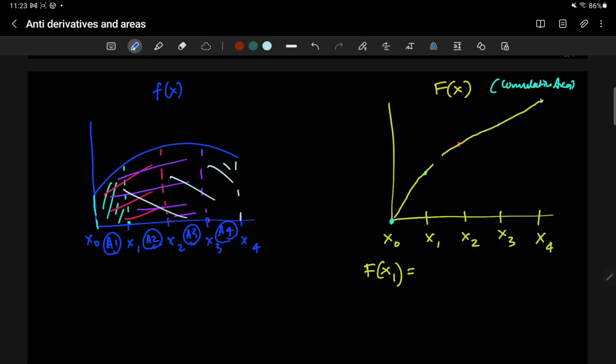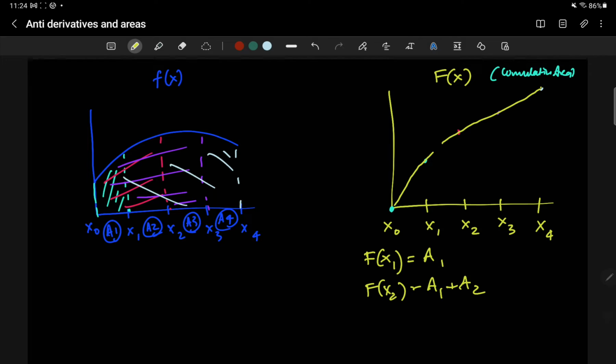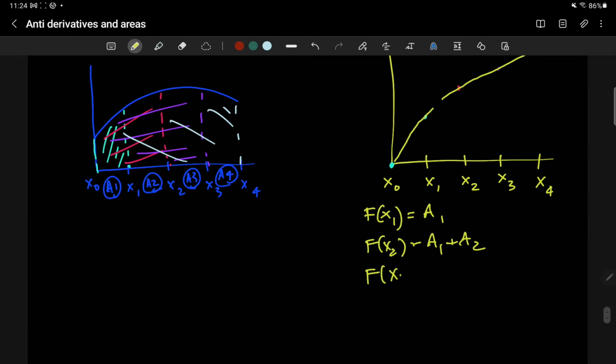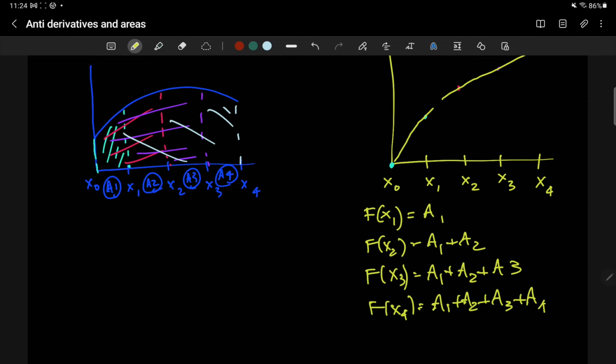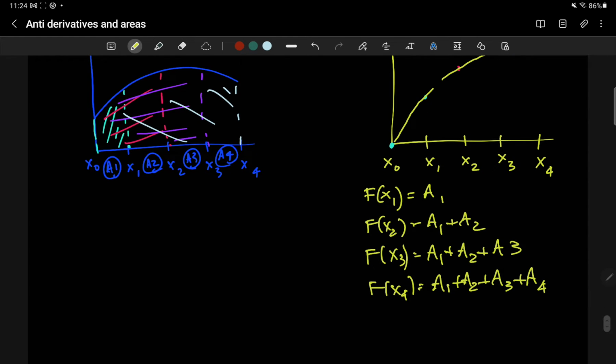Then capital F of x1 really represents the area A1. F of x2 represents A1 plus A2. F of x3 represents A1 plus A2 plus A3. And F of x4 represents A1 plus A2 plus A3 plus A4. So it's the total area.